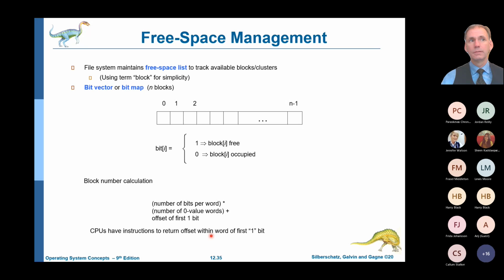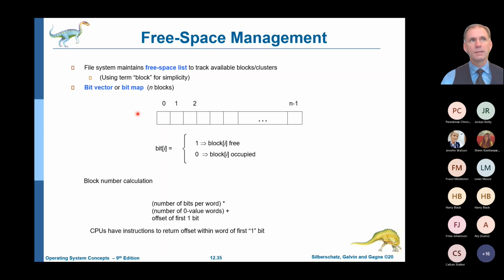And this thing down the bottom here, CPUs have instructions to return offset within word of first 1 bit. I know that doesn't seem to make sense, particularly if you haven't looked at CPU instruction sets. And I know you've looked at the Little Man Computer, but that has a very restricted instruction set.